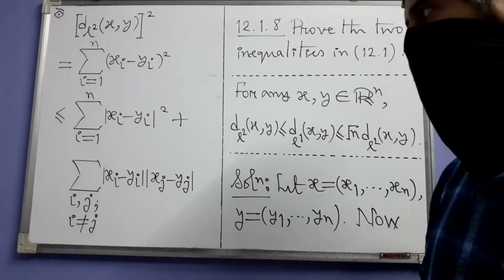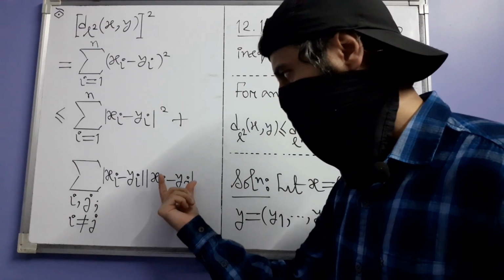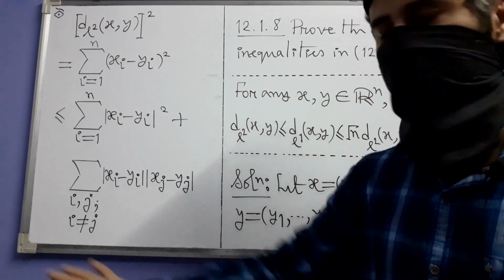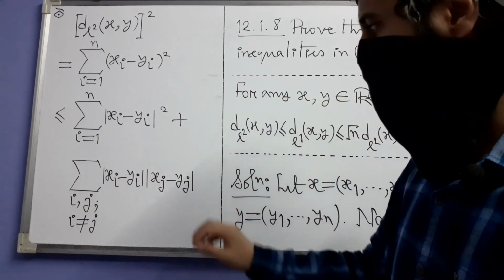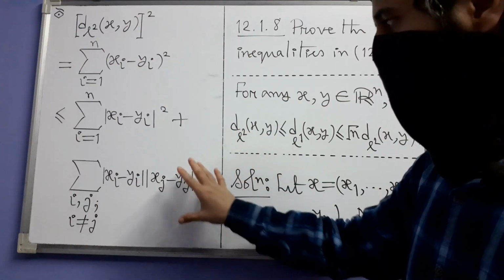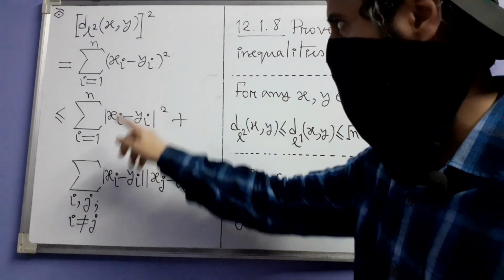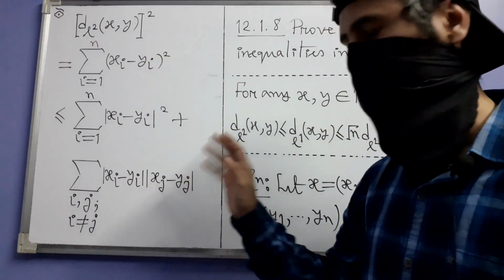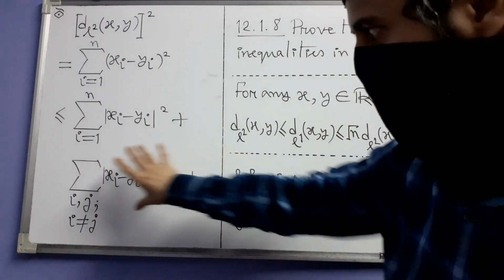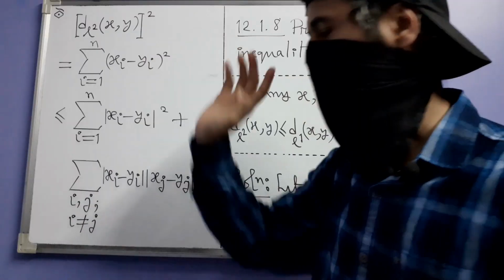That's what it means. Because of the non-negative nature of these absolute values, the entire sum is non-negative, greater than or equal to 0. So in the least case where all of these terms are 0, then this is equal to this. Otherwise, if you have some positive term in this sum, then this is greater than this.